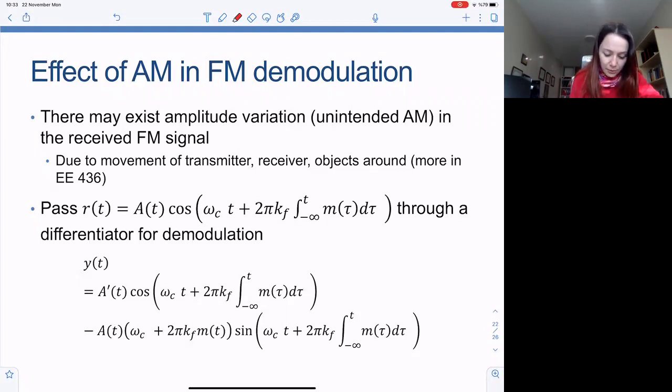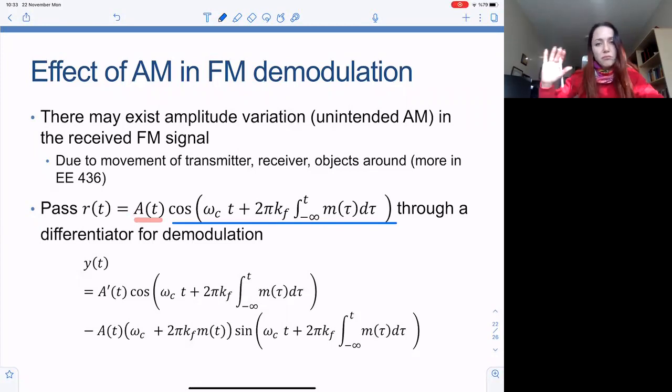So the unintended amplitude modulation can be represented by a time varying amplitude multiplying the FM waveform. So how do we demodulate FM? The mathematical approach, the simple-minded approach, is to put it through a discriminator or differentiator, right? Of course, in practice, there's a phase lock loop, etc. But the direct path is the differentiation.